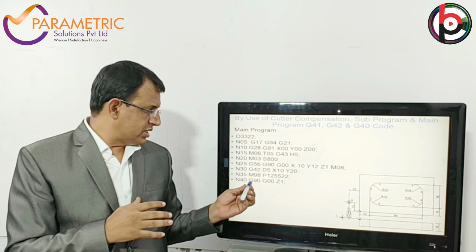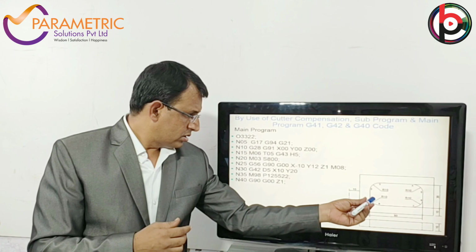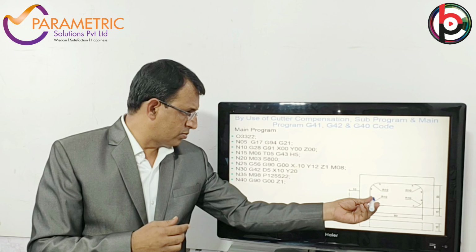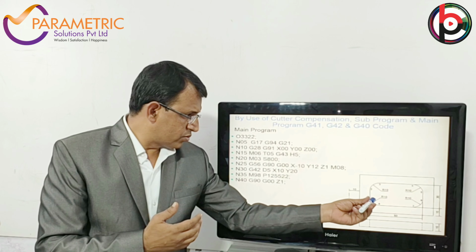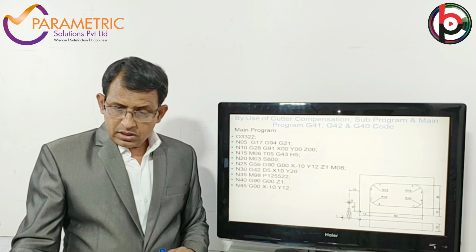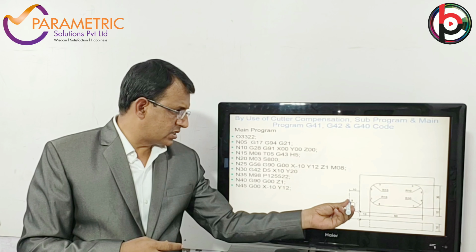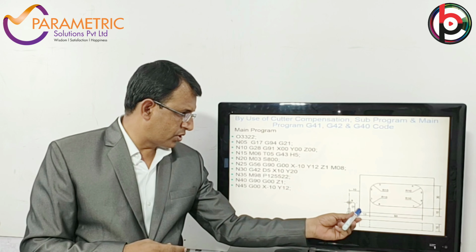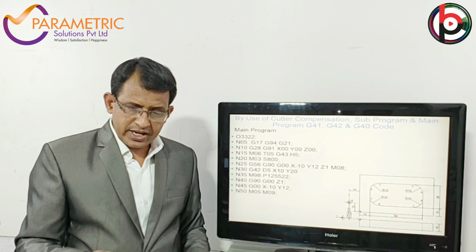Here the next step is G90. With the absolute coordinate system, I am moving upward, Z 1 mm. So it will move from minus 10 mm to the 1 mm plus side. Then from here the tool moves to minus 10 mm in the X direction from the origin, Y is 12 mm, and Z is 1 mm.